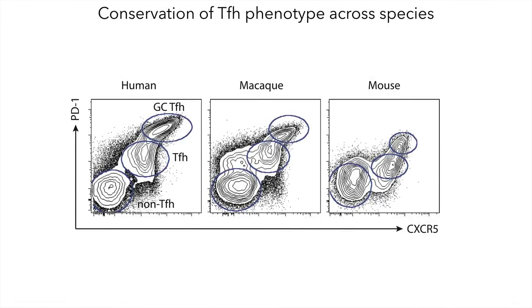These stages of differentiation have been well characterized in mice, and this is just example flow cytometry plots. But it's important to point out that the TFH phenotypes are actually well conserved between mice, monkeys, and man in lymphoid tissues of each organism.